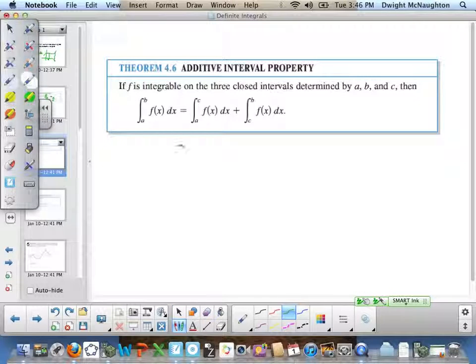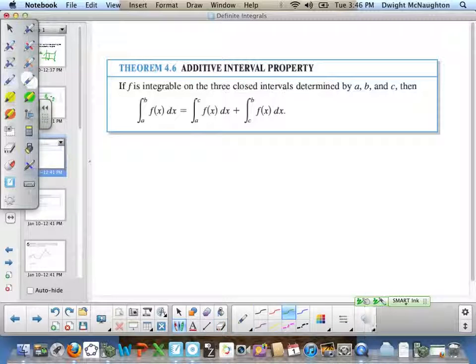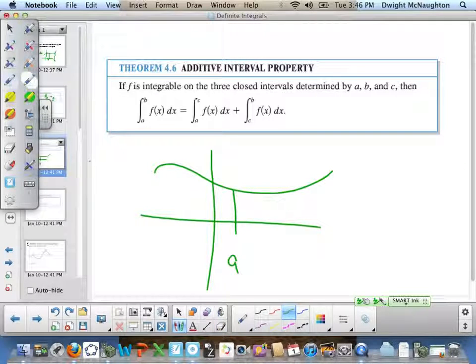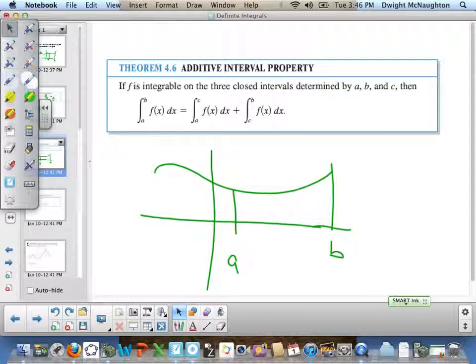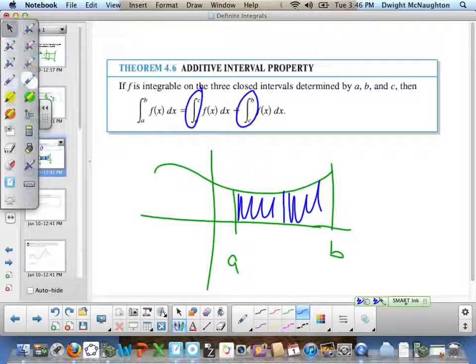And if we have an integral from a to b, you got our function from a to b, and we got some arbitrary c in there, say it's right there, we can go from a to c, and then from c to b, and it'll be the same as doing the whole thing.